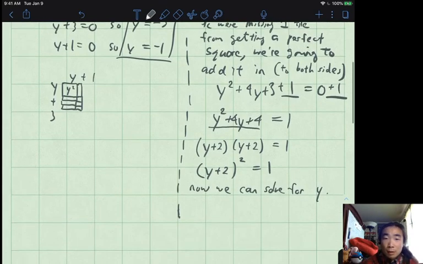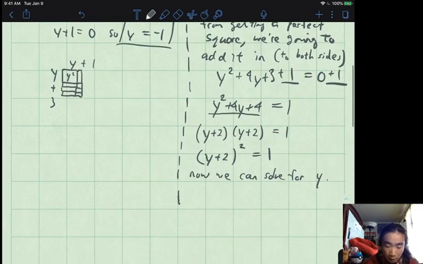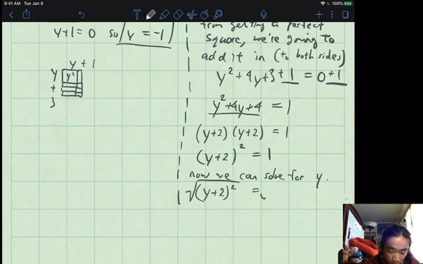So from here, now we can solve for y. We have to undo the squaring that's present. The opposite of squaring is square root. So we're going to take the square root of both sides, like that.